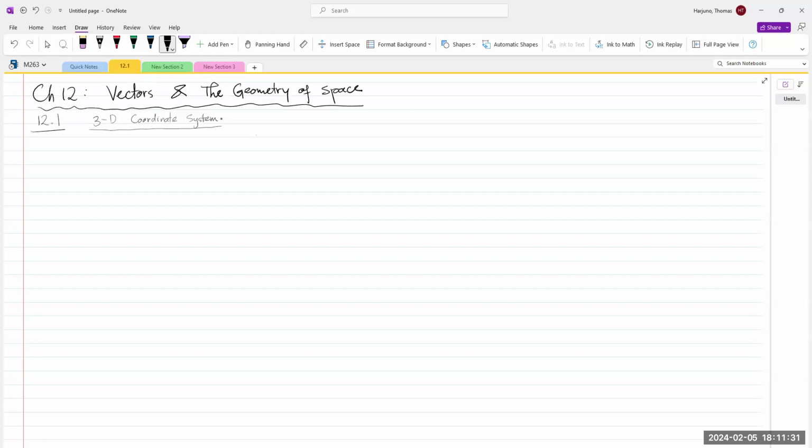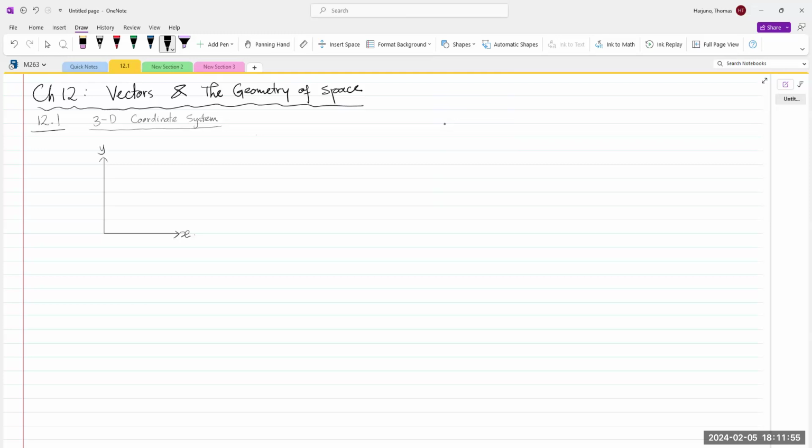Now, how do we construct, by convention, a three-dimensional coordinate system? We do it this way. Suppose we have this x and y axis. As usual, x is the horizontal axis and y is the vertical axis.